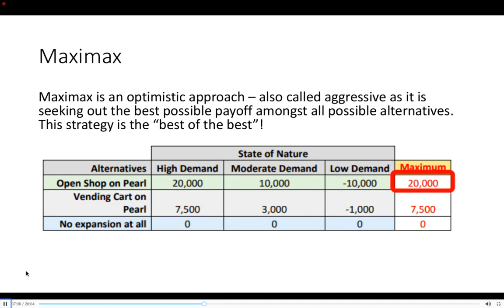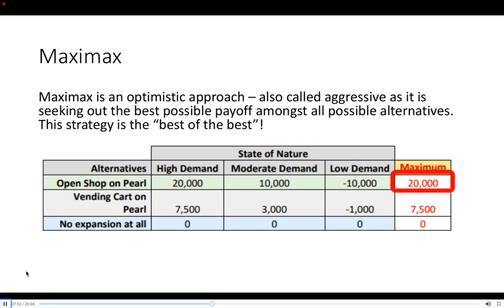All right, so the maxi-max is kind of what it sounds like. It's the most optimistic approach. We choose the best of the best. Okay, so you figure out the best possible payoff for each alternative, right? So the best option to open shop on Pearl is to have a profit of $20,000 a day.